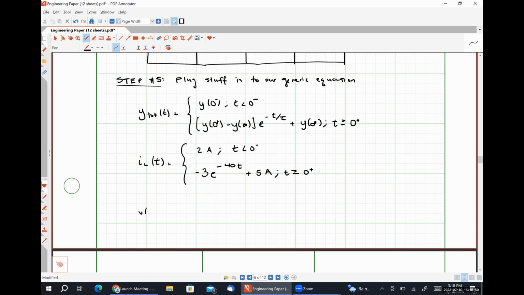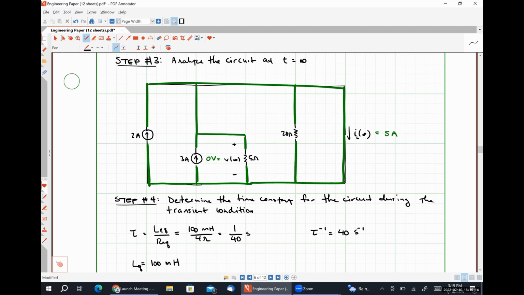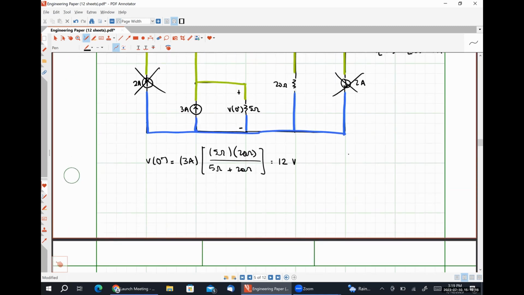And for V of t, actually, let me do that in a second. Let's see, we're going to have 3 times 5 was 15. And then at 0 plus, what did we have?